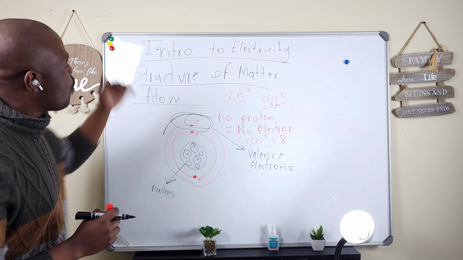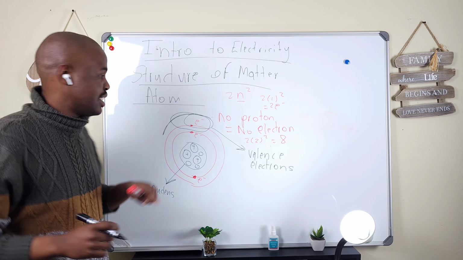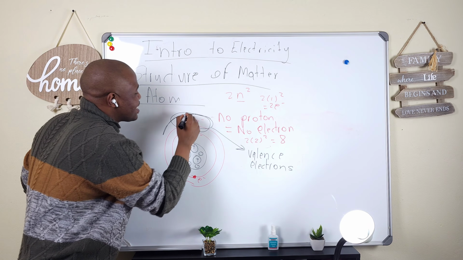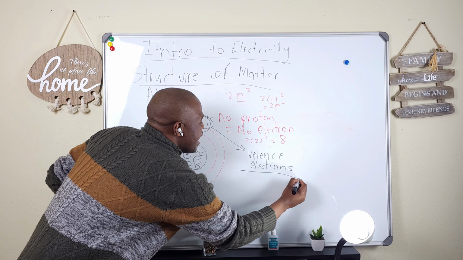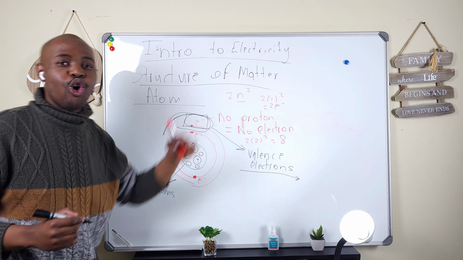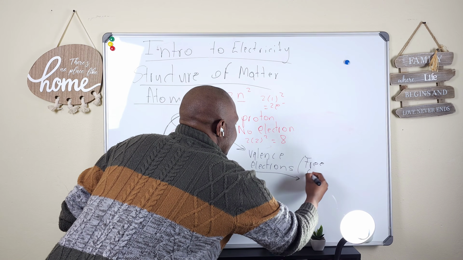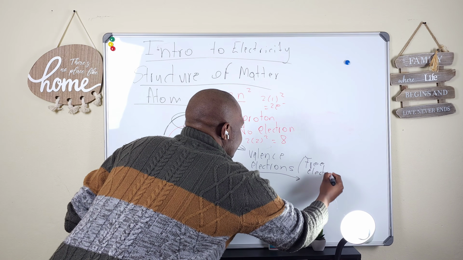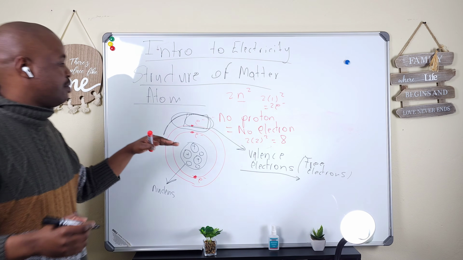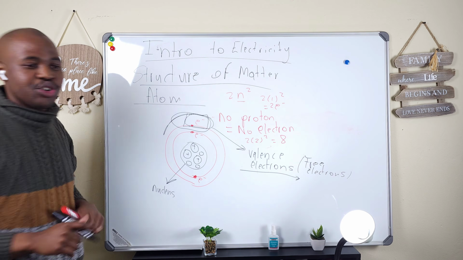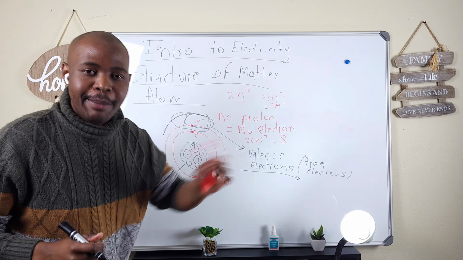So when we define electricity, we say electricity is the movement of these valence electrons, or sometimes we call them free electrons, in a specific direction through a material.